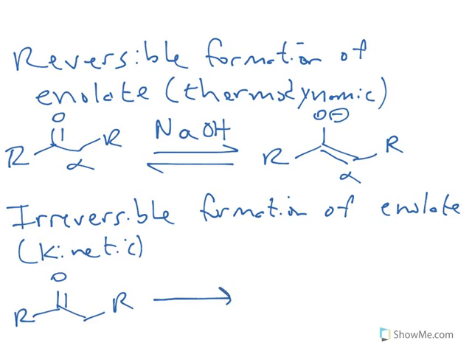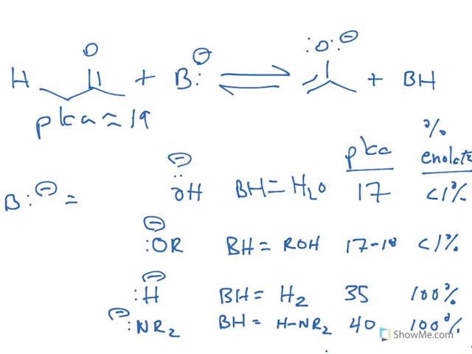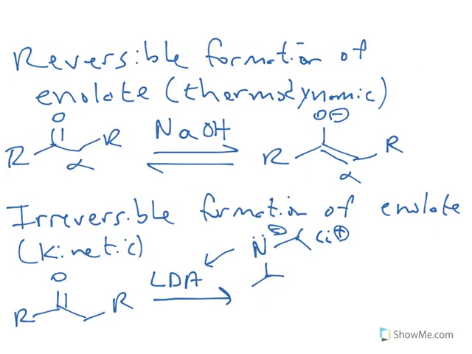I'm going to use something called LDA. I'm going to say it out loud one time and then we call it LDA forever: lithium diisopropyl amide. What that means is we have a nitrogen with isopropyl groups, a negative charge coordinated to a lithium. That is a lithium amide base. It is very strong. It's like this guy down here. It's got a conjugate acid with a pKa of 40, so this guy is really strong.